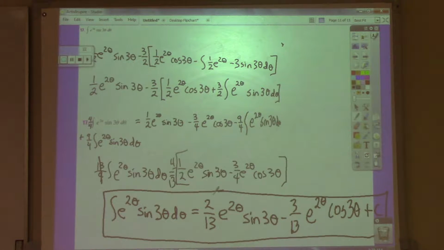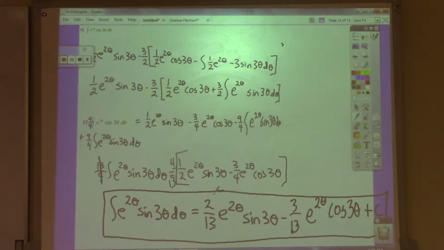Let's see if they did it. Let me see what they got. What number was this? 17. They got 1/13. They factored out 1/13 e to the 2 theta. I don't know why they factored out 1/13. Oh, to get 2 and 3. That's all.